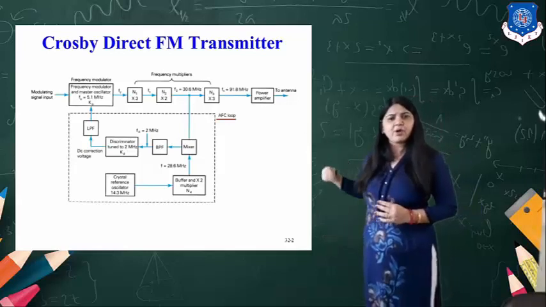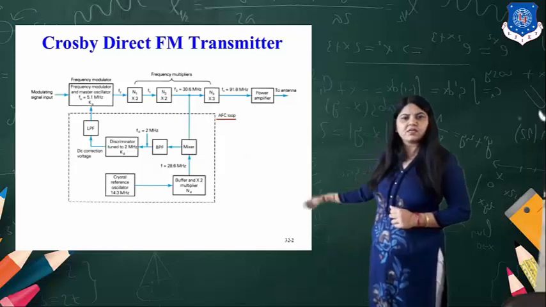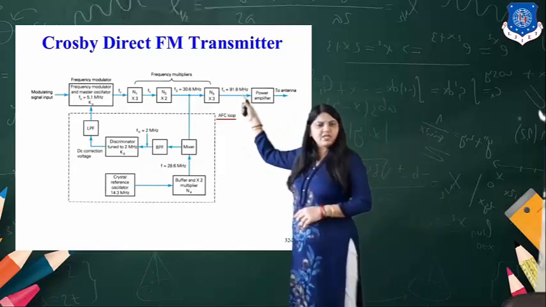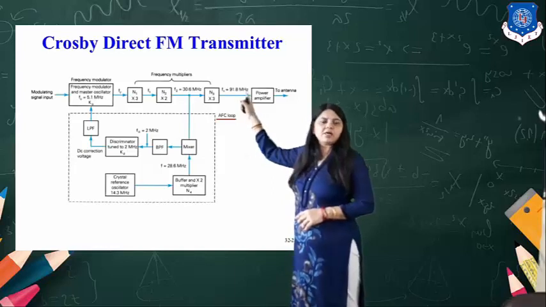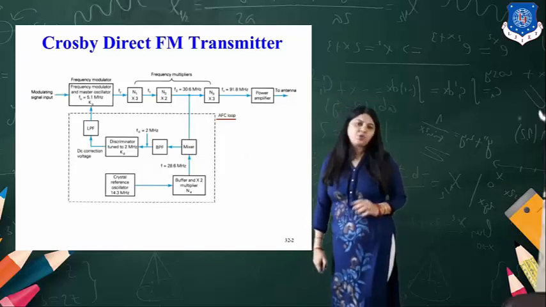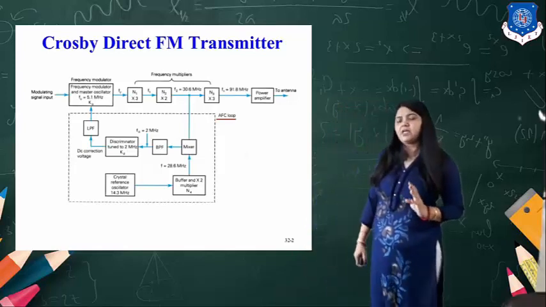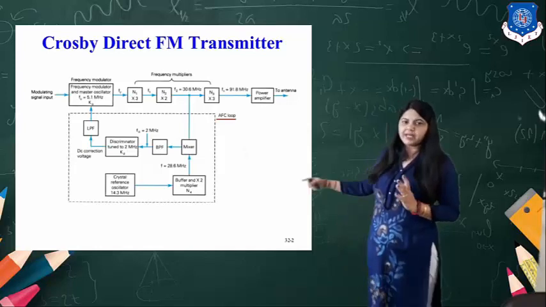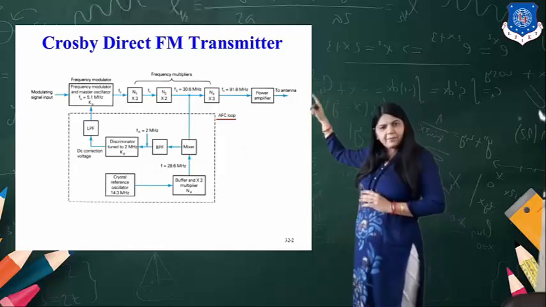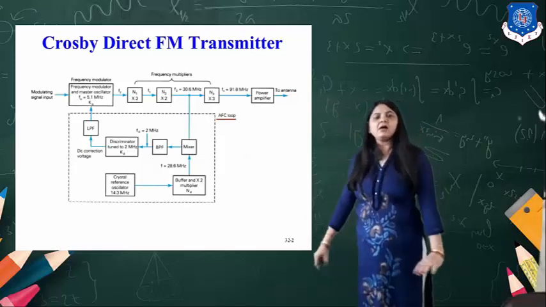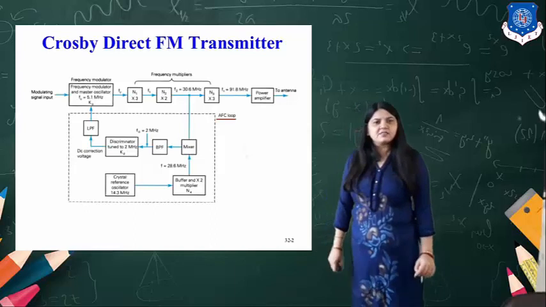Suppose you have a 5.1 megahertz frequency. At the output we have 5.1 multiplied by 18, which is 91.8 megahertz. So you can see we are able to change the frequency value, and it is given to the power amplifier and transmitted by the antenna.